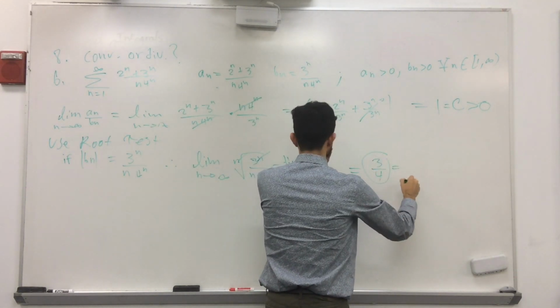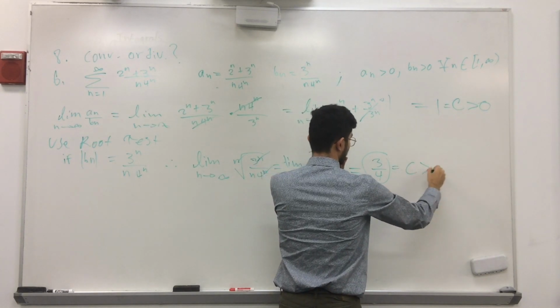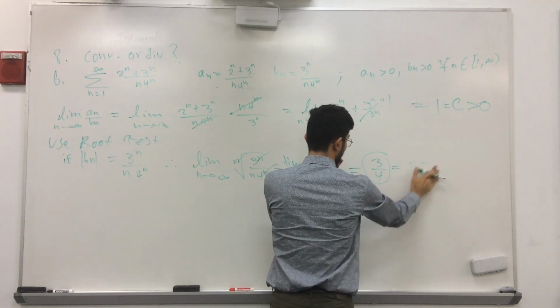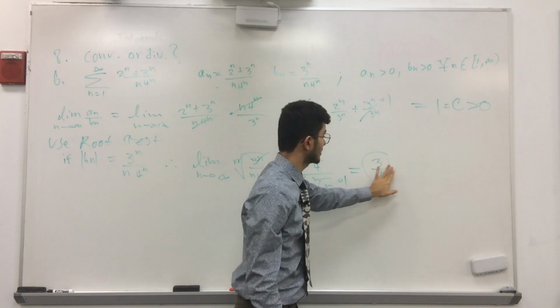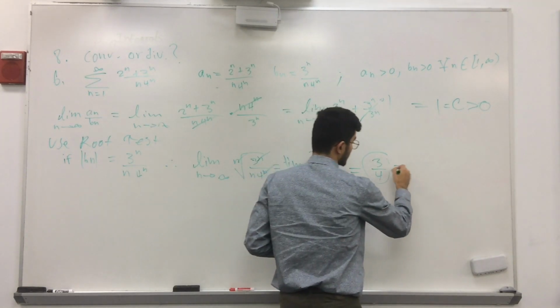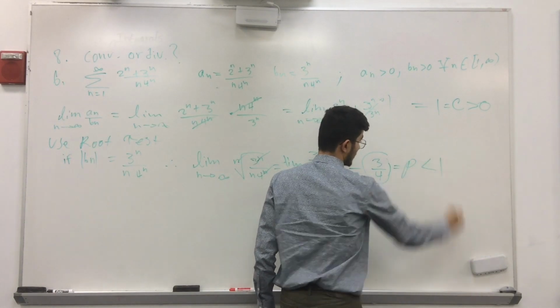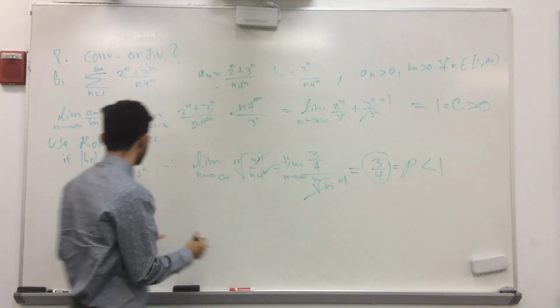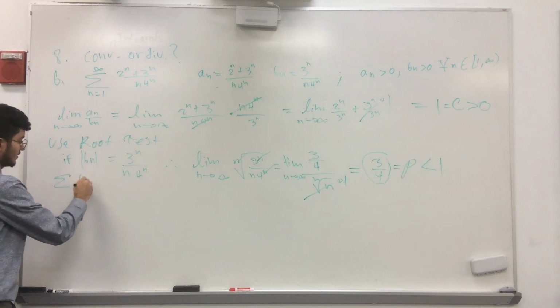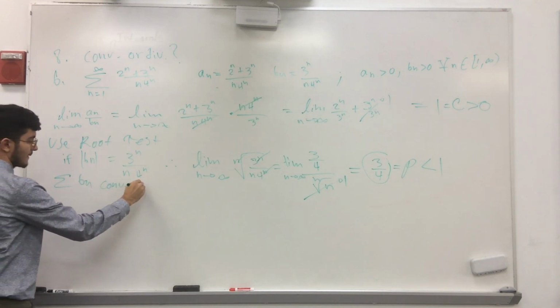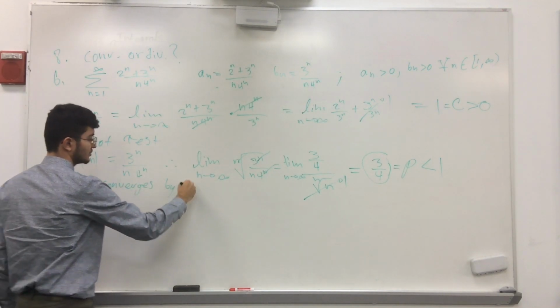In this case, we're using the root test, so we're trying to see if this approaches some value rho, which is in this case less than 1, which means that it converges. So the sum of bn converges by the root test.